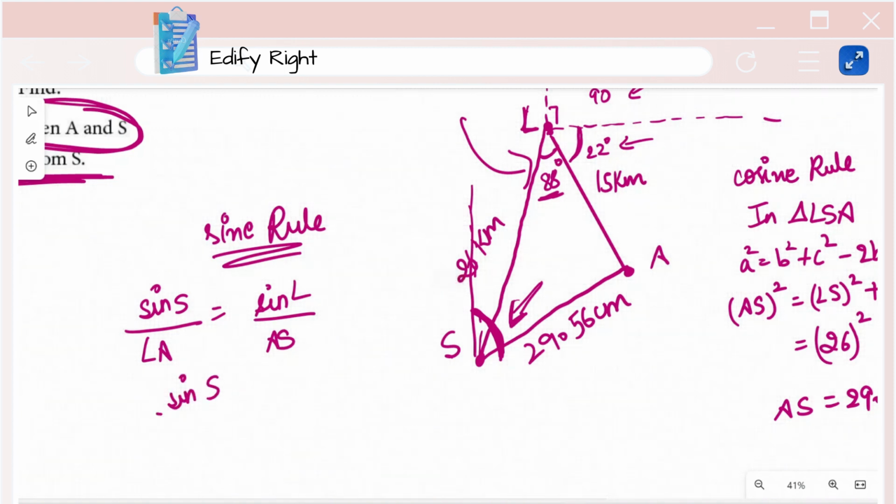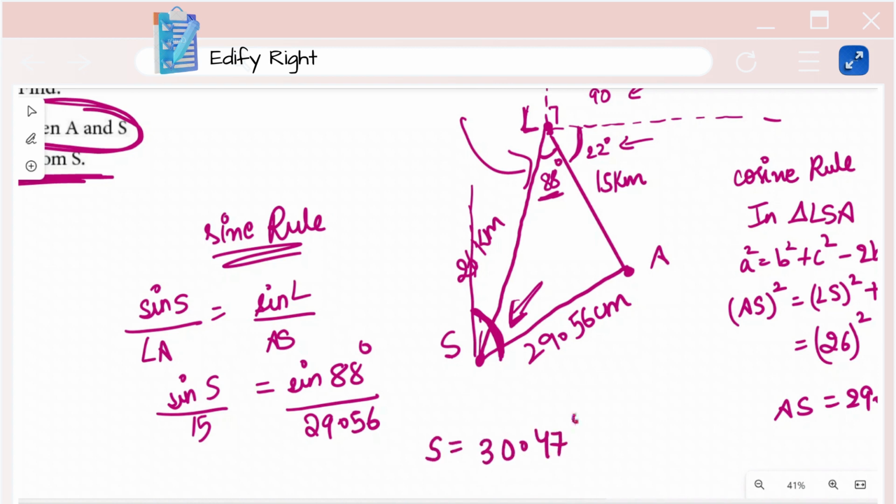So that would be sine S upon 15 equals sine 88 degrees upon 29.56, and when you do the calculations you get S to be 30.47 degrees. Now here 30.47 is just this part.